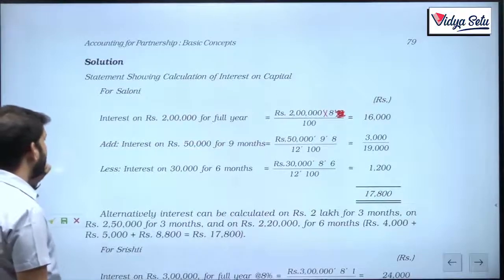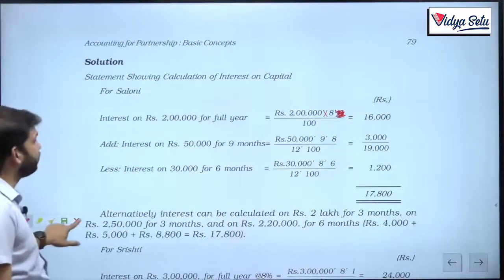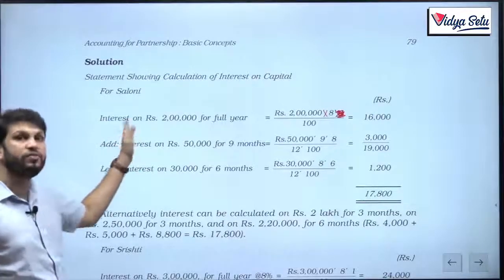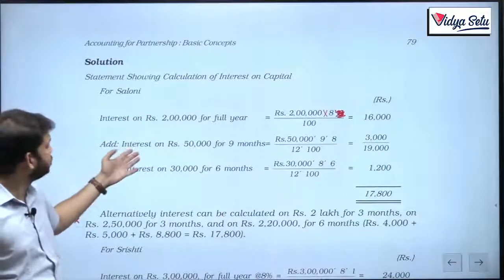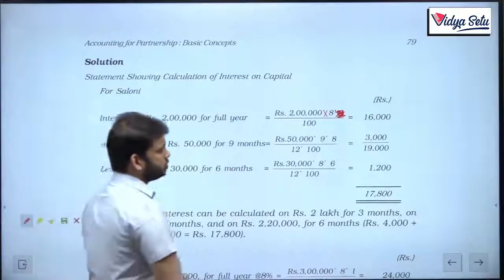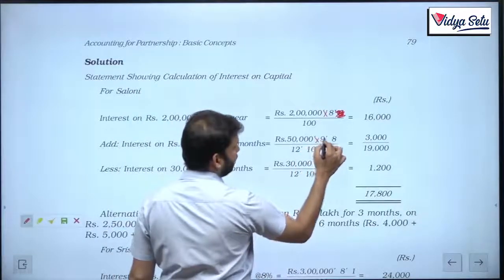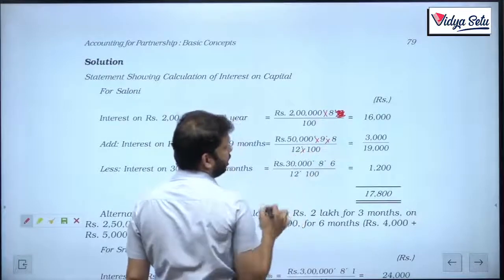Now the additional 50,000 was brought in after 3 months, on 1st of July. So on this 50,000, only 9 months' interest will be given. So 50,000 multiplied by 9 upon 12 multiplied by 8 upon 100.